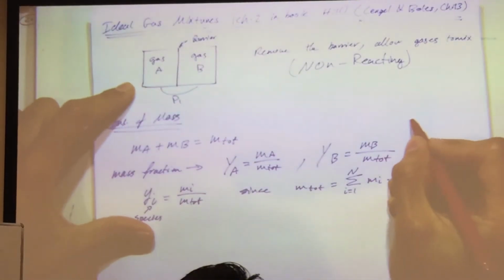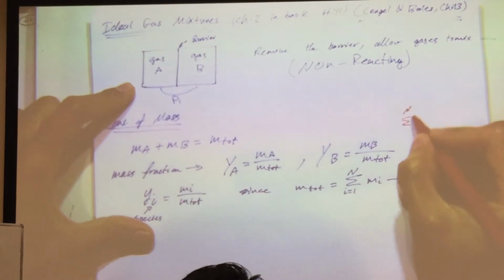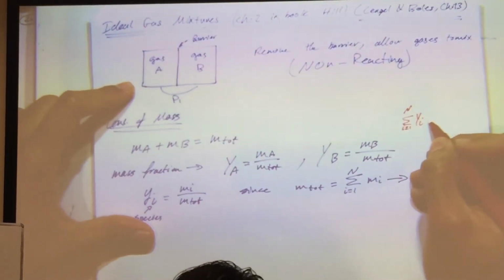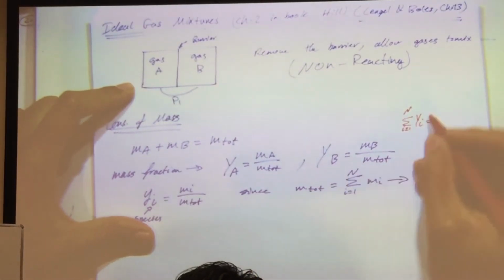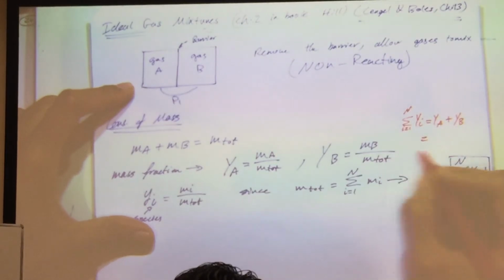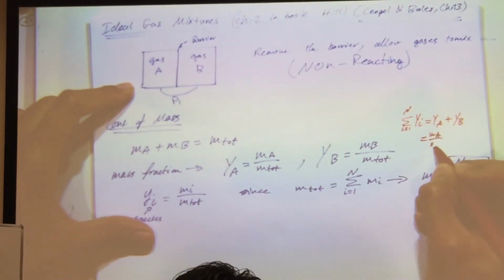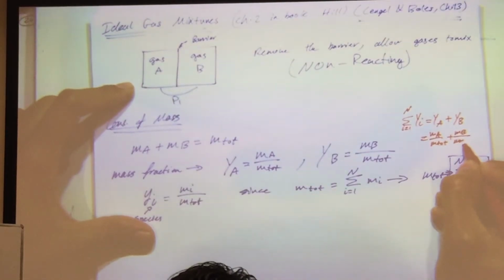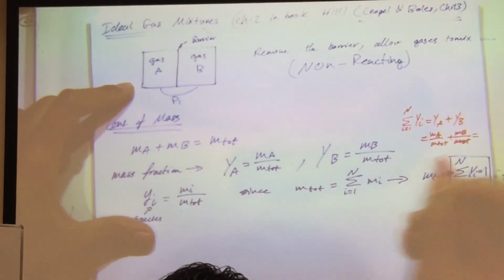Right here, I'm going to write it. If I sum for YA, it's equal to YA plus YB. If you take MA over M total plus MB over M total, what am I going to get?